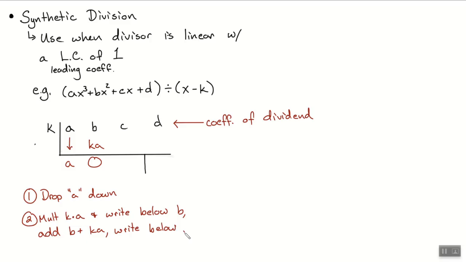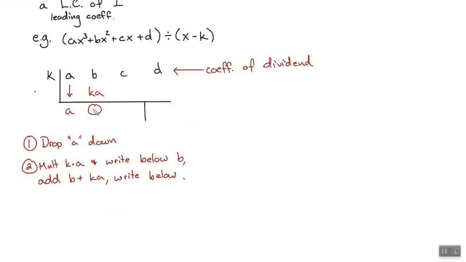So we'll do an example of this. Do you want me to write b plus ka right here? It's okay. I don't know that this is going to be super helpful. It'll be really helpful once we actually do the problem. B plus ka. And then step 3, multiply k times b plus ka, and repeat until done.